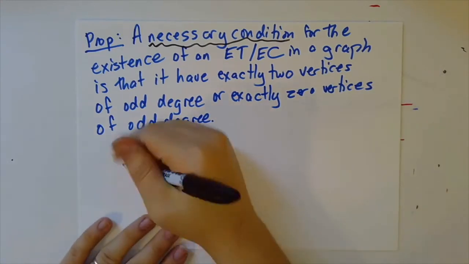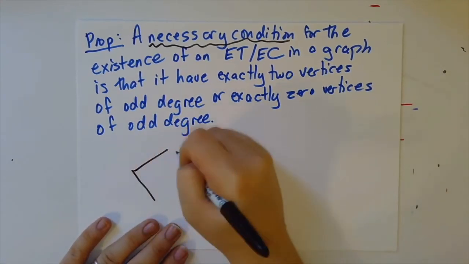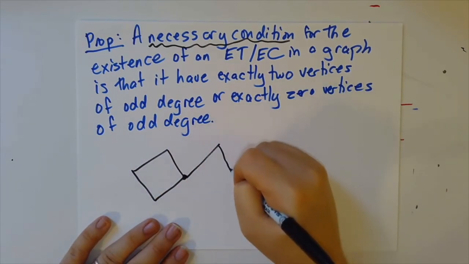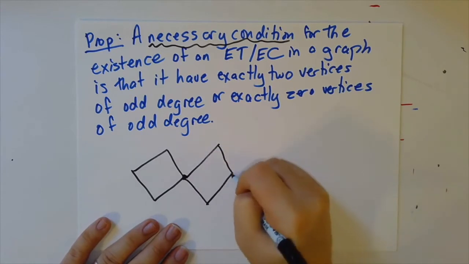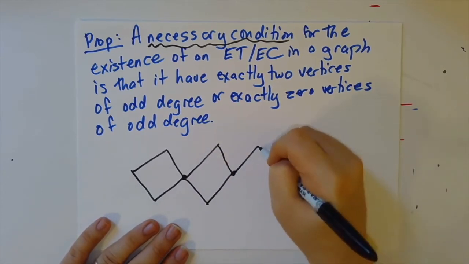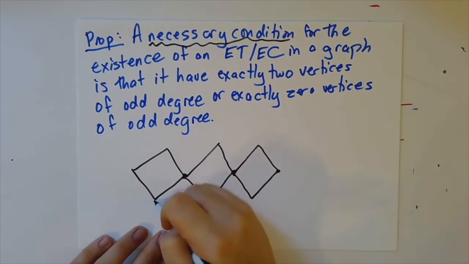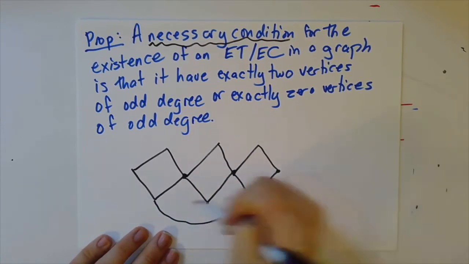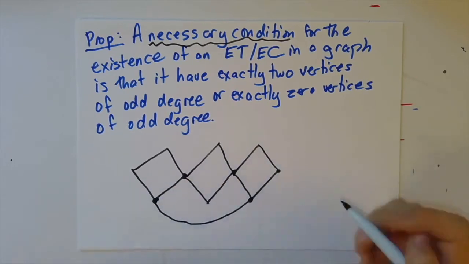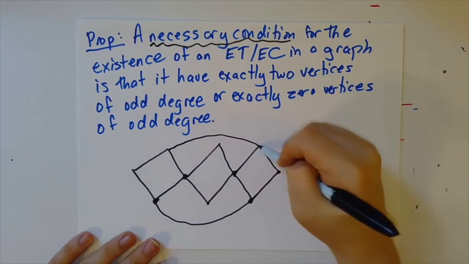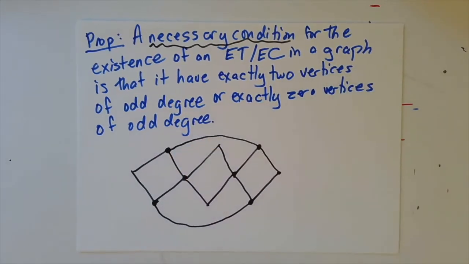Okay, so let's just draw a kind of random looking graph. And we could ask ourselves, can there possibly be an Eulerian trail in this random looking graph, or an Eulerian cycle?